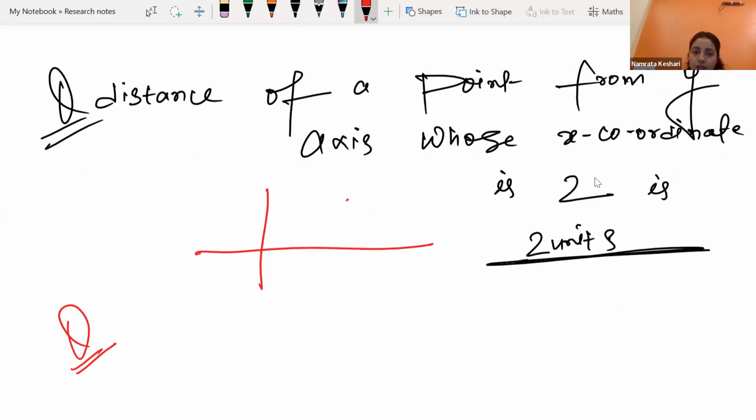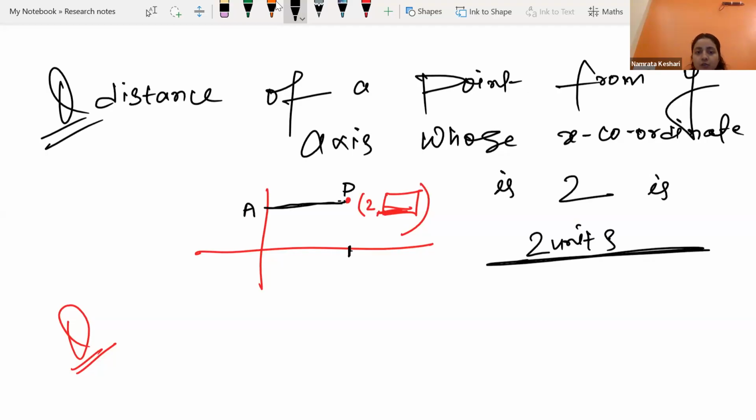If you are having a point whose x coordinate is 2, you don't know what the y coordinate is, but if the x coordinate is 2, that point's distance from the y-axis means on the y-axis you will drop a perpendicular, and you are talking about this distance, PA or AP. Now you can see it's a horizontal line.